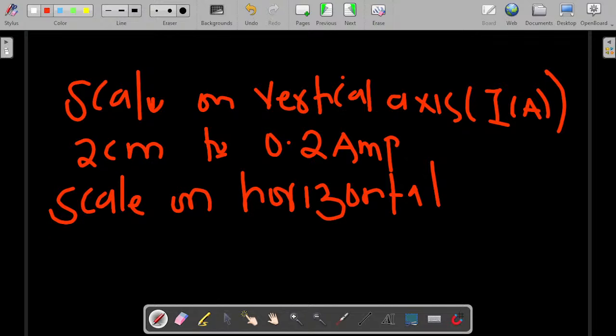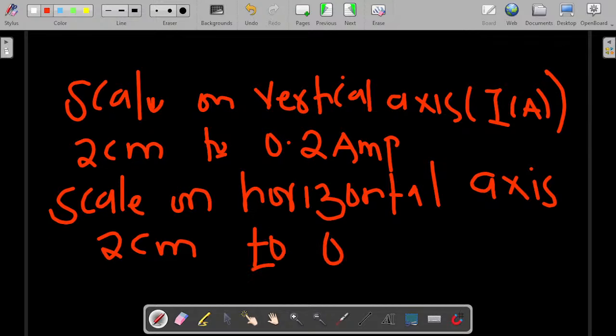That's why, instead of writing scale on x-axis, I'm using scale on horizontal axis. I will write 2 cm to the same 0.2 volts this time around, because the unit of the horizontal is in volts, right?